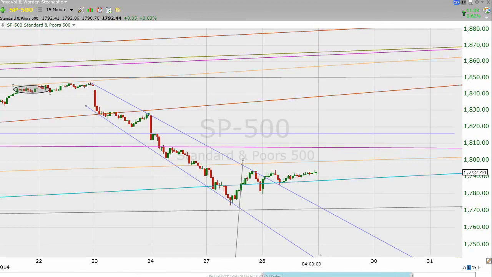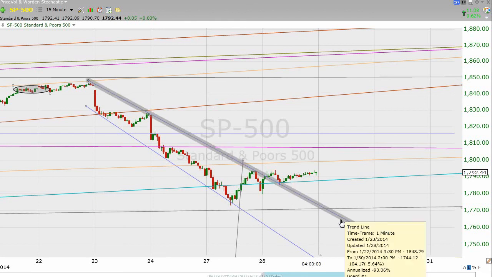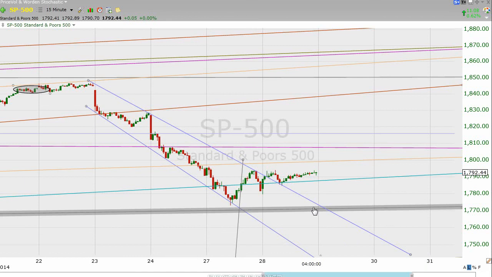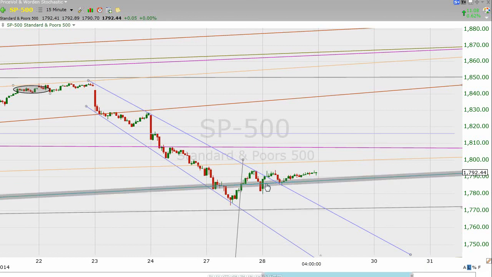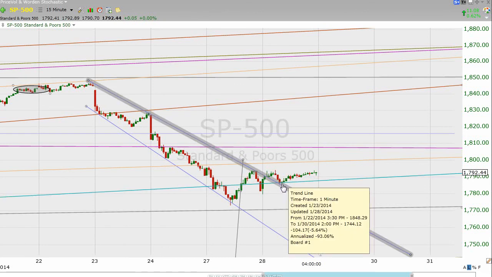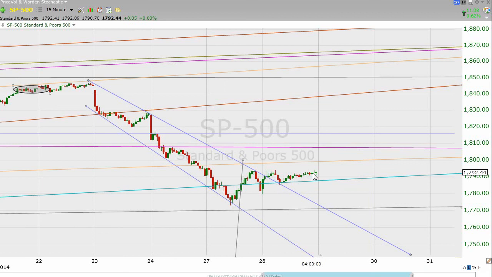Now, in yesterday's video, I mentioned that we were in this kind of funky looking descending channel that wasn't parallel, but rather was kind of broadening. And you can see that today, pretty early on, we broke over that line, not by a technically significant margin, but then we came down and back tested it, and then we just kind of meandered sideways for the rest of the day with a slightly upwards bias.